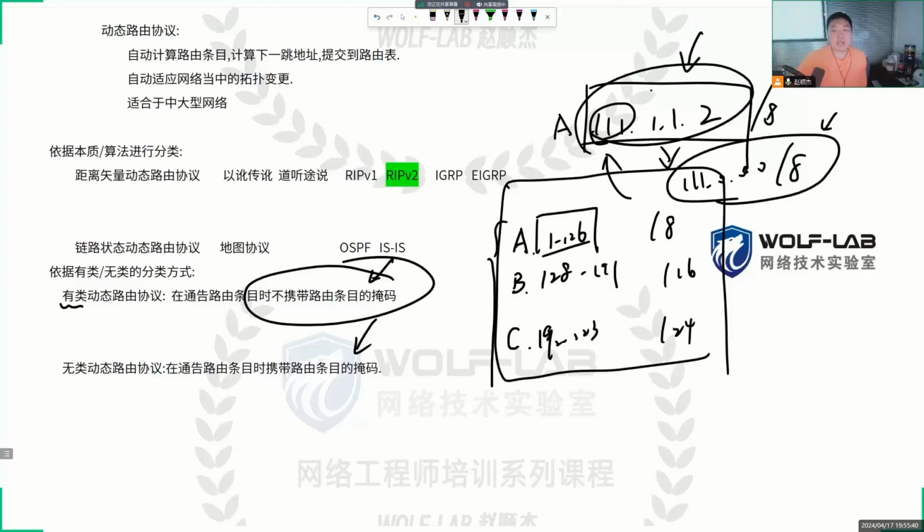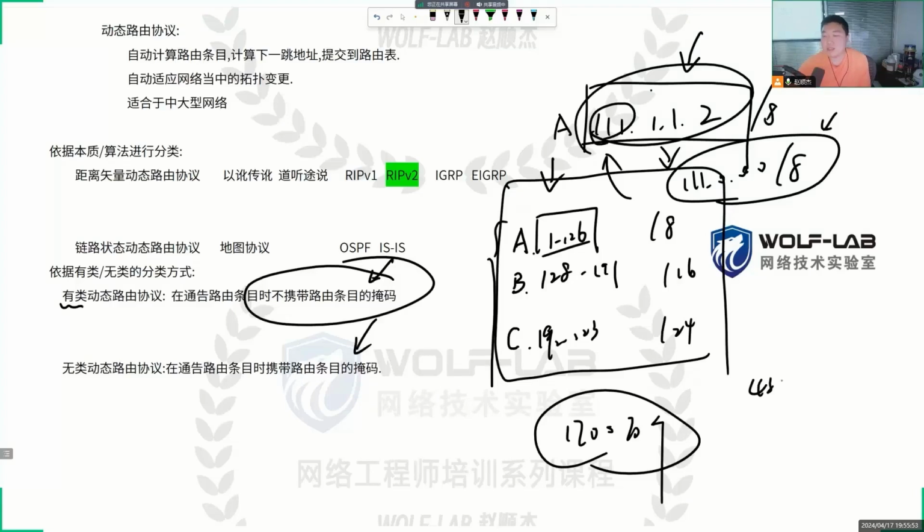One reason is its effective usable address space: there are only about 17 million in total, out of 4.3 billion addresses. That's too few, so we needed to find a solution.